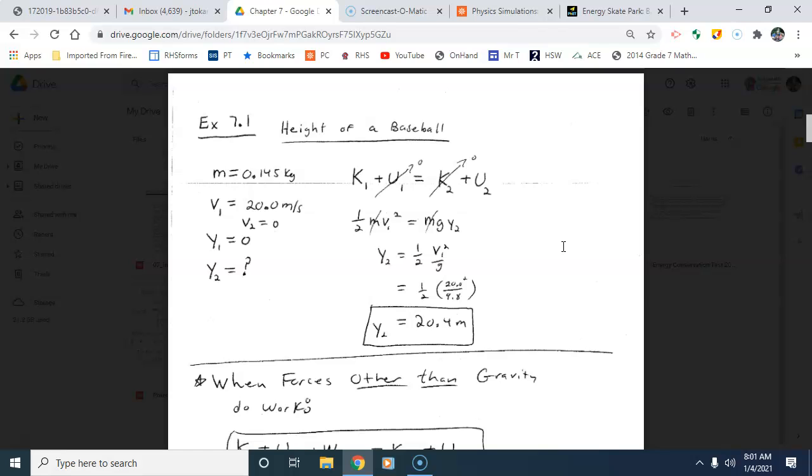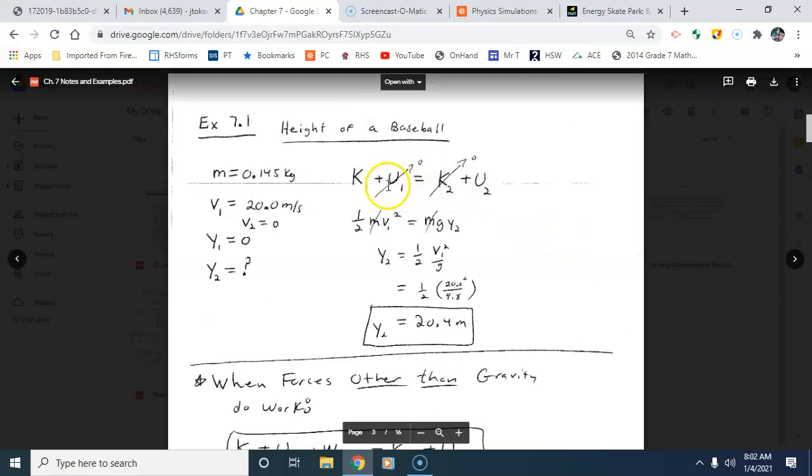The most important thing when figuring out gravitational potential energy is where's your reference level. Typically, we define the lowest point possible as your reference level. So you could see the person's hand where they initially release it is going to be y1 equals 0. And y2 is going to be the peak of the baseball.